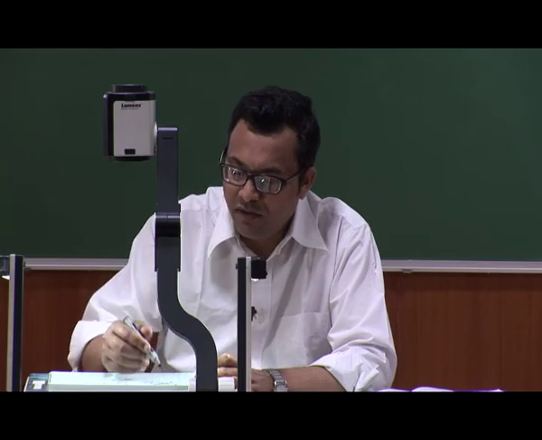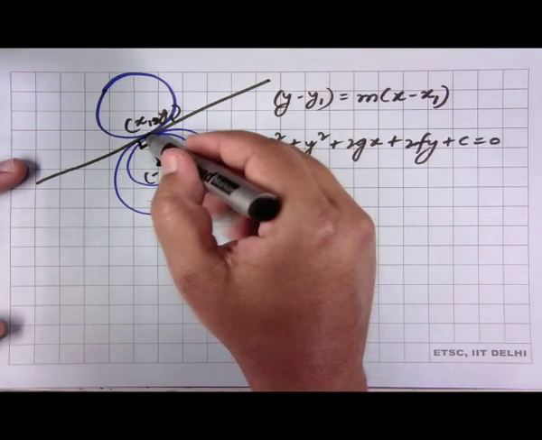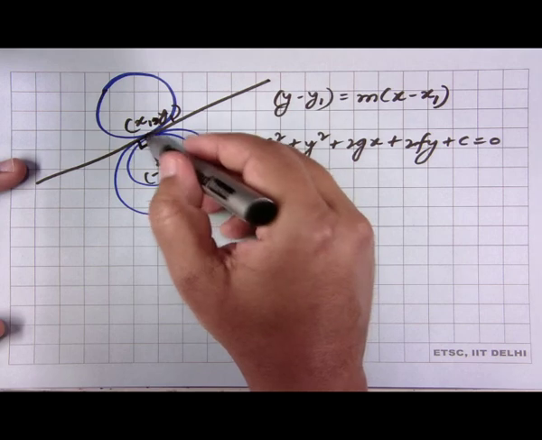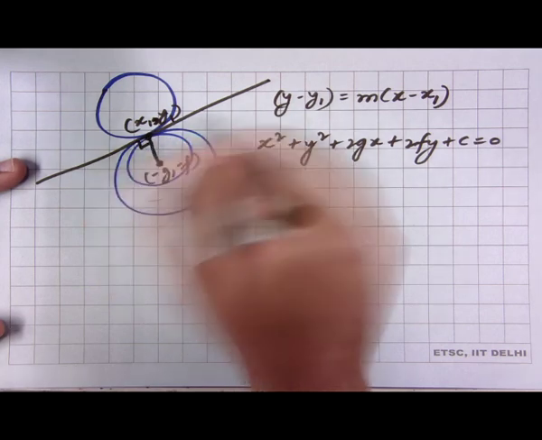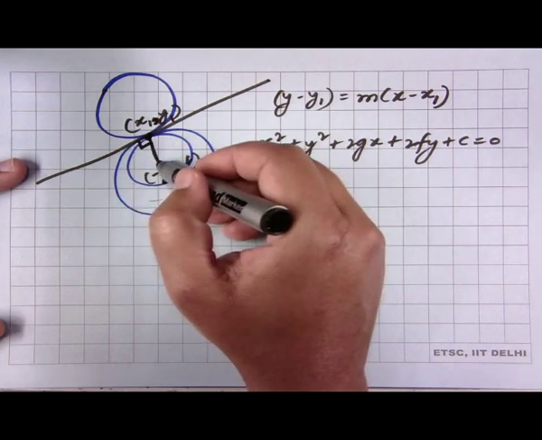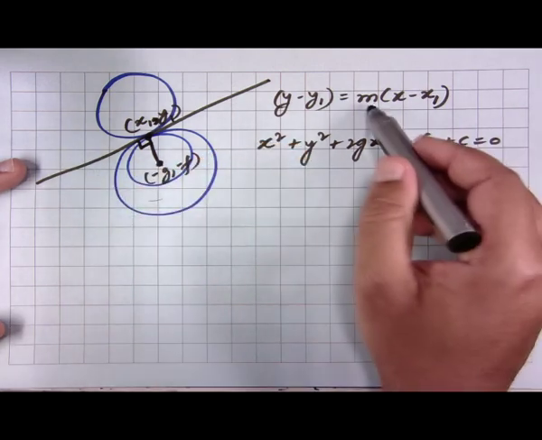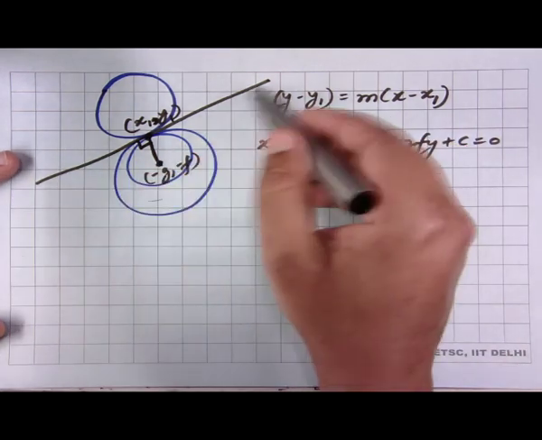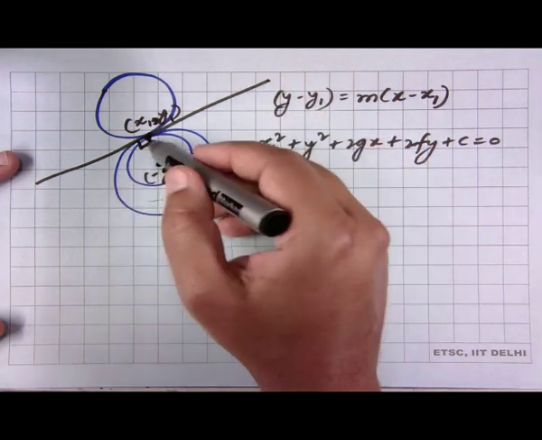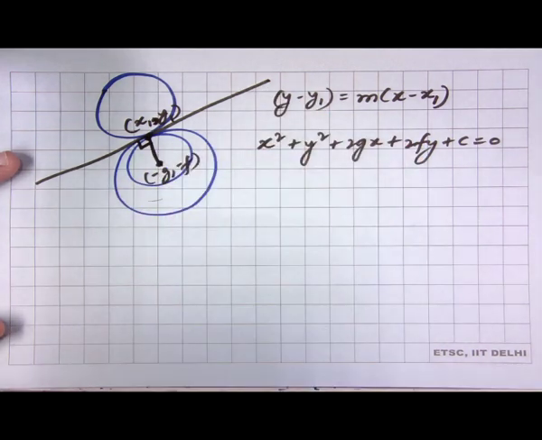So, therefore, the product of the slope of this perpendicular from the center to the tangent, and the slope m of the straight line itself, should be minus 1. So, that is how we are going to start.